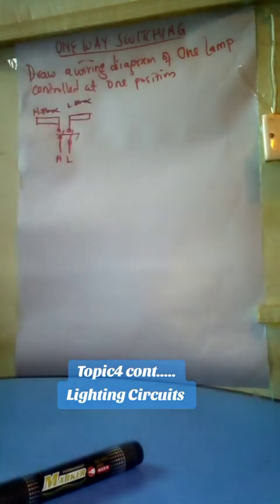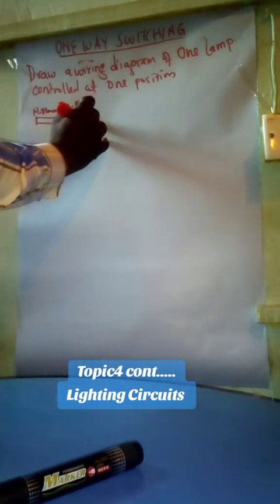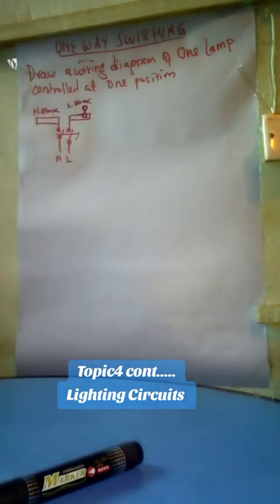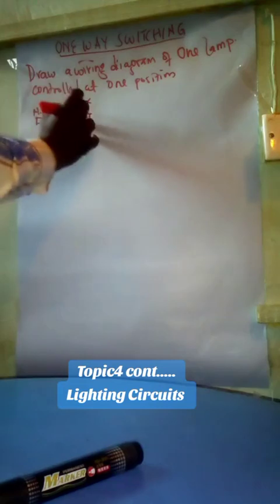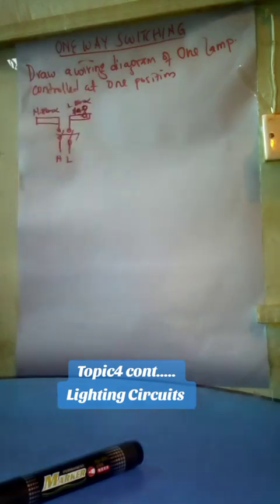So we have our fuse or circuit breaker rated 5 or 6 amps. Now we want to draw a wiring diagram of one lamp controlled at one position.